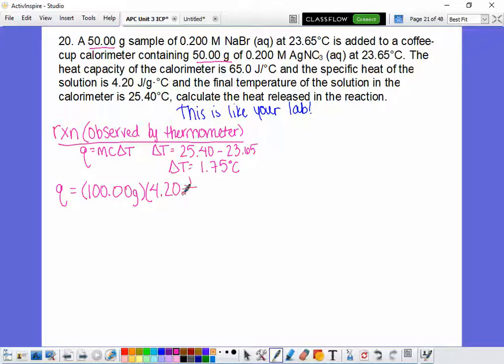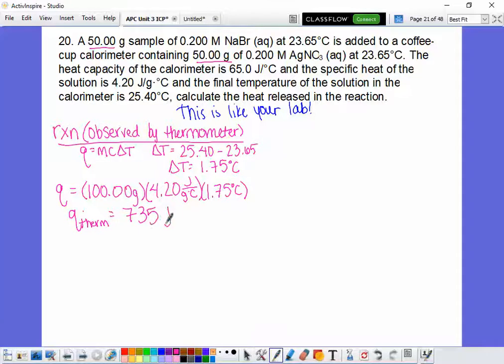In the last problem, we were dissolving so little sodium hydroxide that we were able to assume that the C of the solution was the same as the C of water. And that's also how you're going to do it in your lab. You're not going to be dissolving a ton of your salts, so you can assume that the C of all of your solutions is 4.18. But this one, we're assuming that's 4.20. Okay. And then delta T is 1.75, right? So what is the Q of the thermometer?